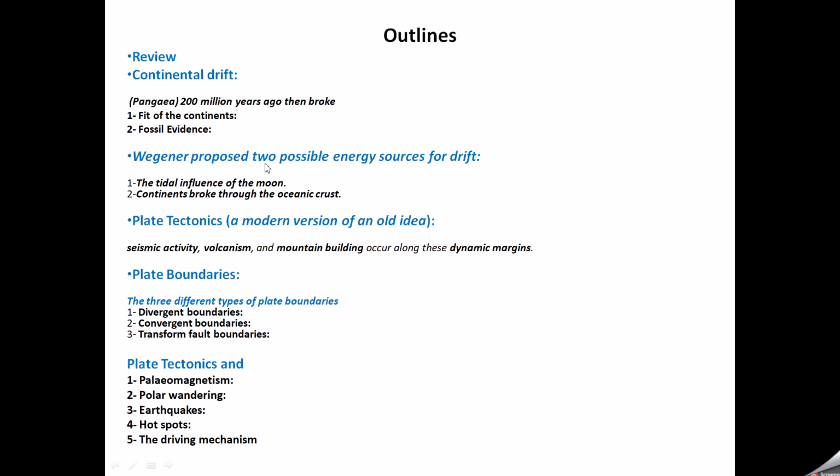Wegener proposed two possible energy sources for drift: the tidal influence of the moon, and continents breaking through the oceanic crust. Both were wrong. The correction came through plate tectonics, which is a modern version of an old idea, continental drift. They did that through seismic activity, volcanism, and mountain building that occur along dynamic margins.